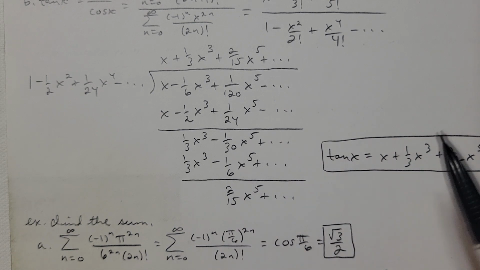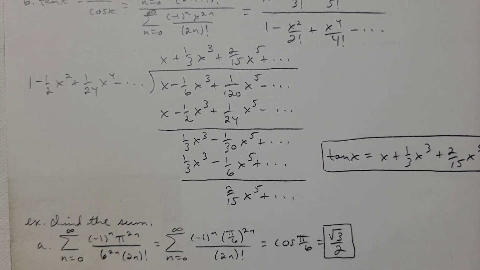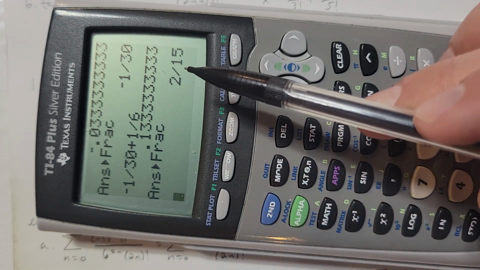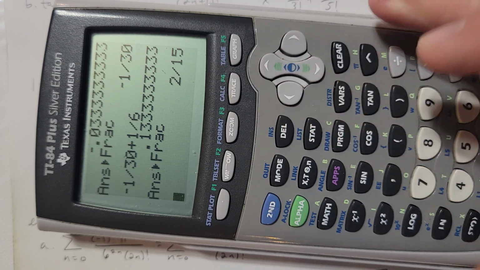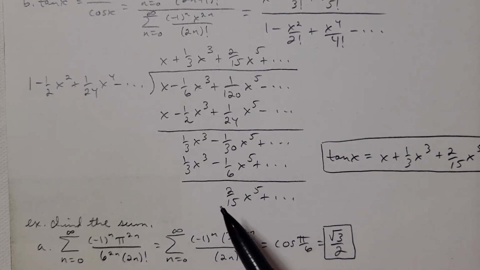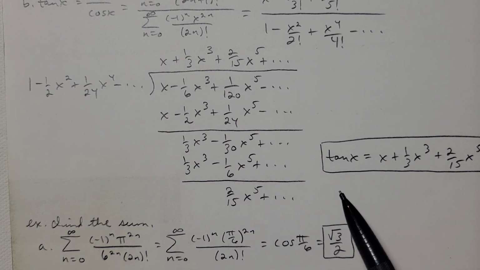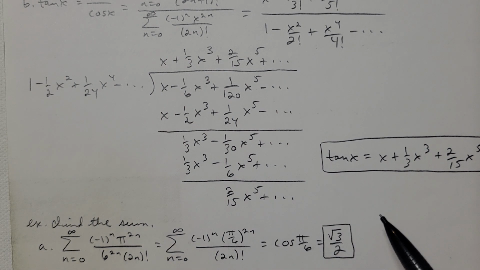And then if I take negative 1 over 30 plus 1/6, as a fraction, I am getting 2 over 15. Okay, so I've got 2 over 15 x to the 5th as my next term, plus, etc.